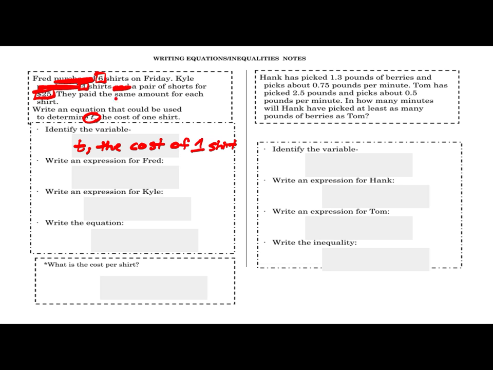And then my end result is the same amount. So I've got 6T for Fred. And I've got 4T plus 25 for Kyle. So I'm going to make these equal to each other.